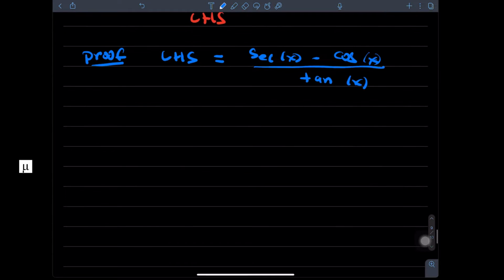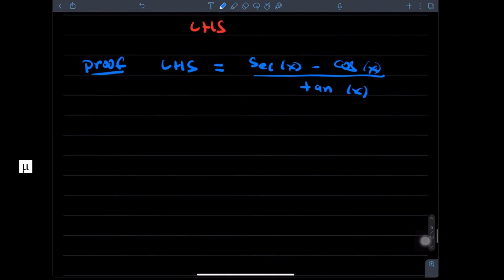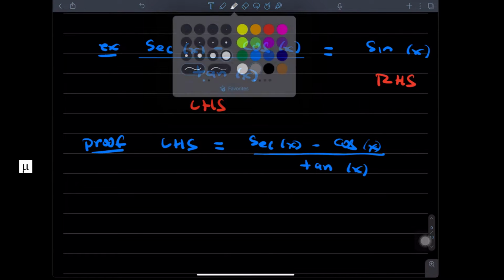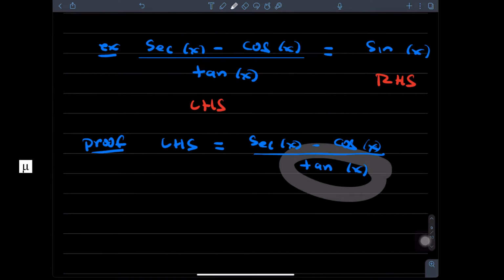Okay. So you might say, what do I do with this? What do you guys think? This is what we have to go with. What do you think we should do here? Yeah, I might start with this right here. What's tangent going to be? What do we know about tangent?